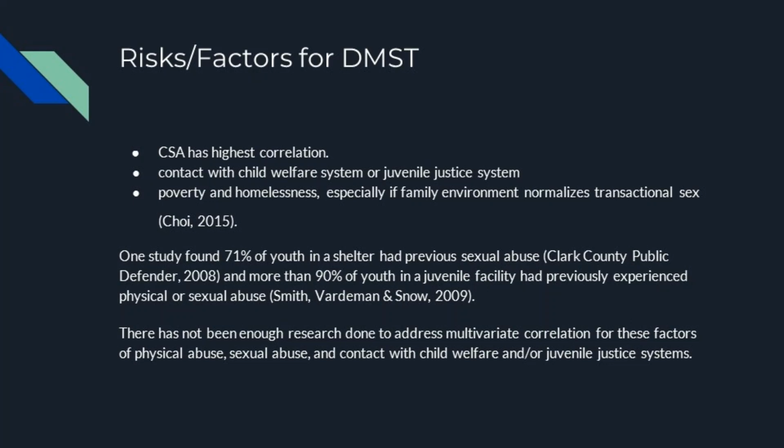And it's important also to note that DMST is notoriously hard to identify because this is a hidden crime, of course, and victims are not easily identified by us already. And then there's not enough research done to address multivariate correlation. So it's not like we can say, oh, if you check 3 out of these 4 boxes, there's a 90% chance that this kid has been trafficked.